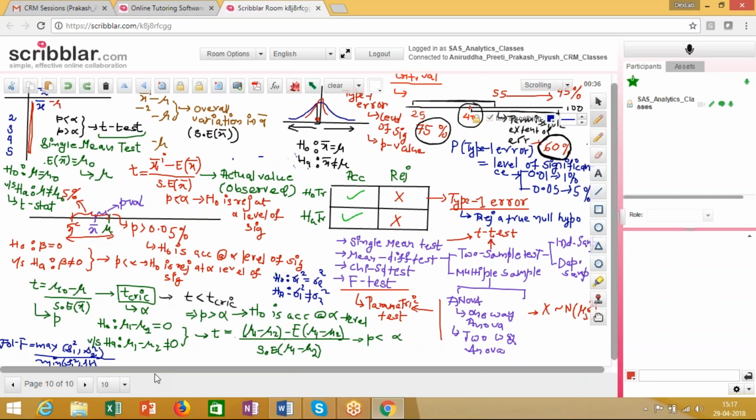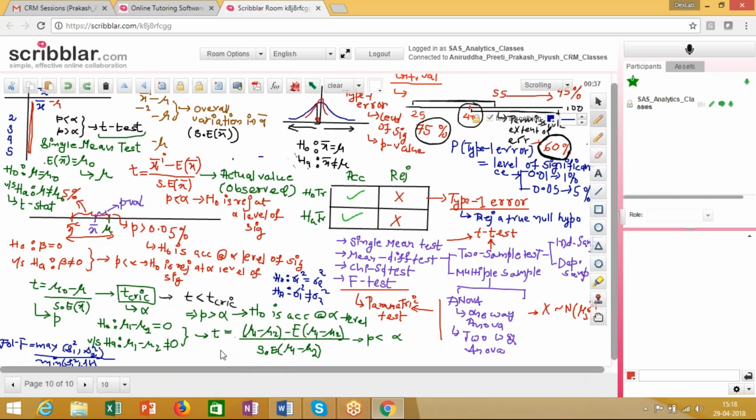Once you have identified that it is normally distributed, the next part is the null hypothesis and the alternate hypothesis. So basically, once you identify that it is normal, the next thing we do is test whether between the two groups the variances are more or less homogeneous or not. After that, the mean difference t-test is executed.